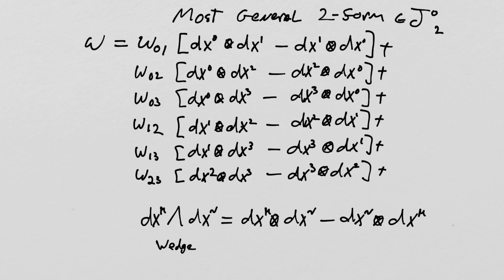And with the wedge product, I can now write omega as omega mu nu dx^mu wedge dx^nu. Almost. I can almost do this, right? Clearly you can see how this is just shorthand for these. So that's kind of good.